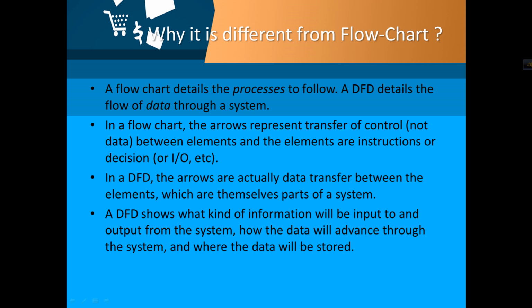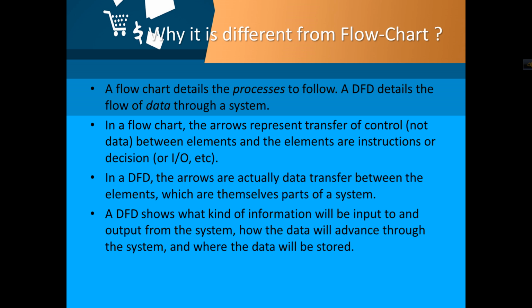In a flowchart, the arrows represent transfer of control, not data, between elements, and the elements are instructions or decisions. Transfer of control here means the system controlling, not the data going from one place to another place.